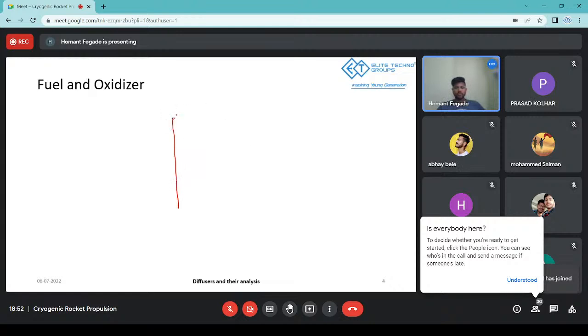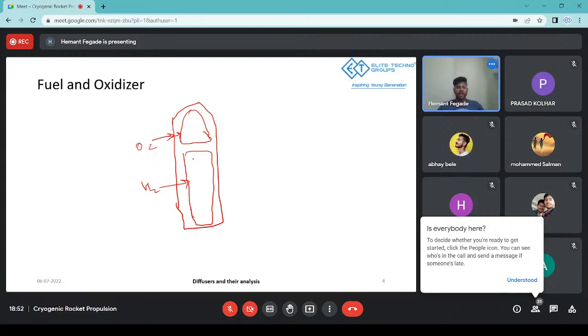So this is your tank, in which there is one tank, and there is this second tank. This is your hydrogen, this is your oxygen. And this is the outer shell, which protects these two tanks.